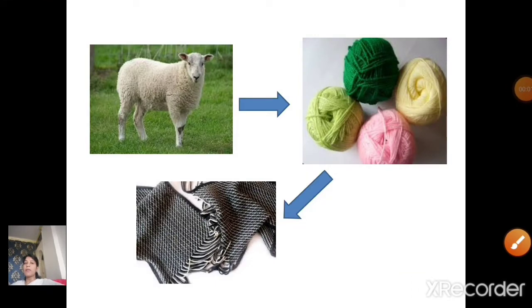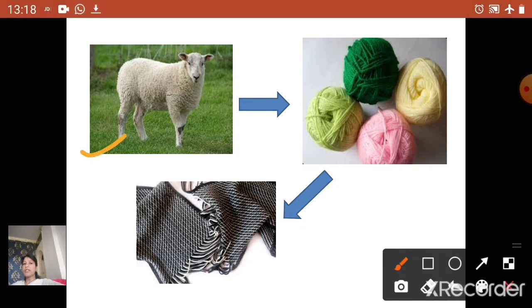Okay, now can you identify these pictures and tell me how they are related to each other? Can you identify the first picture? Yes, it is a sheep. And the second picture? Yes, they are woolen yarns. And the third picture? Yes, it is a woolen cloth.